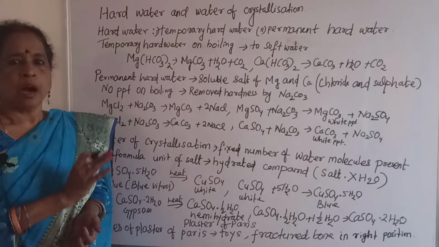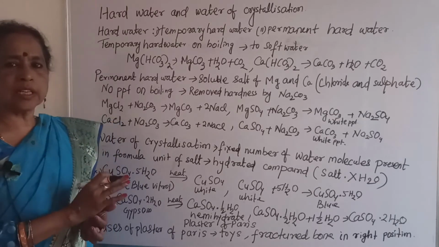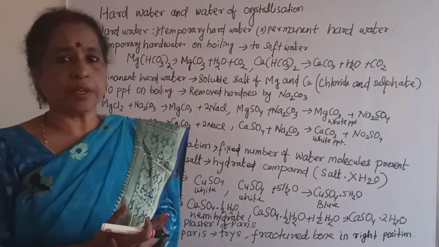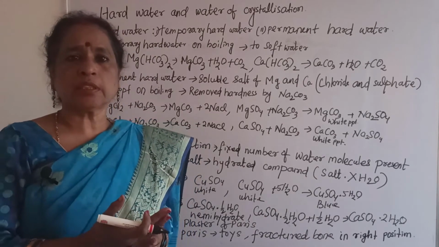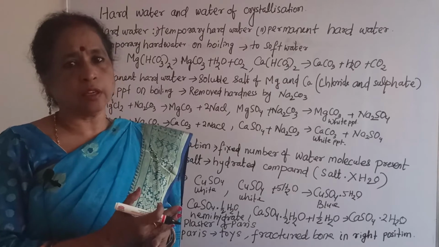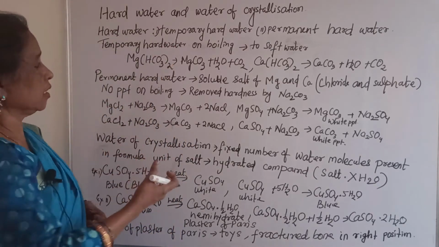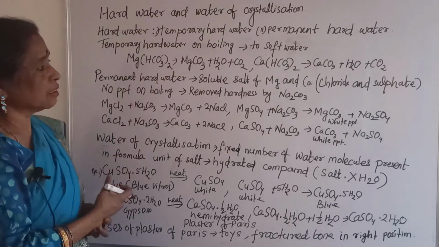Here, hard water and water of crystallization. What is meant by hard water? Hard water is water which does not form lather with soap. Hard water is of two types, temporary hard water and permanent hard water.